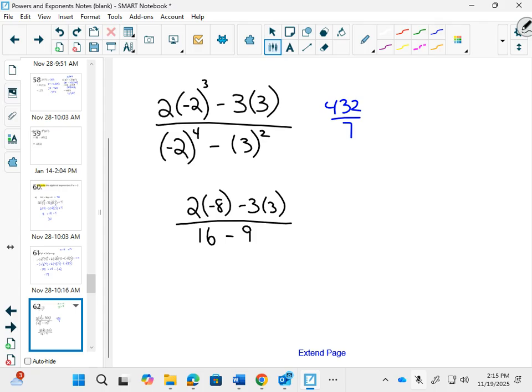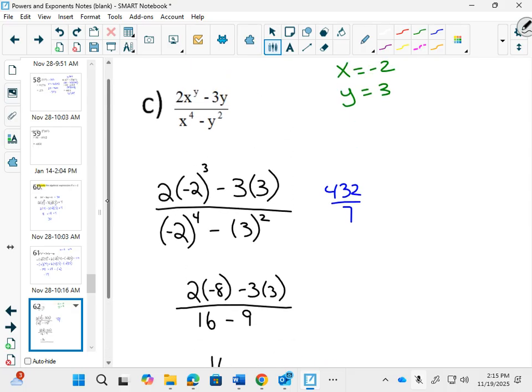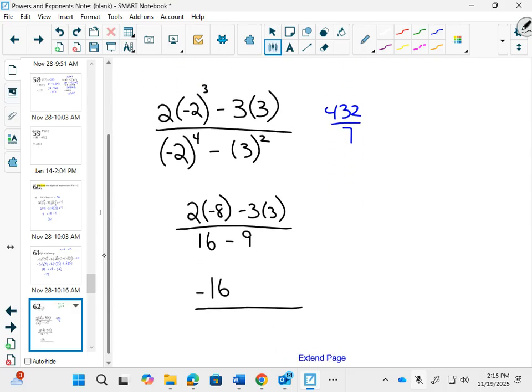On the top, we have multiplication. And on the top, if I do 2 times negative 8, I get negative 16. I think something maybe went crazy with your answer there.